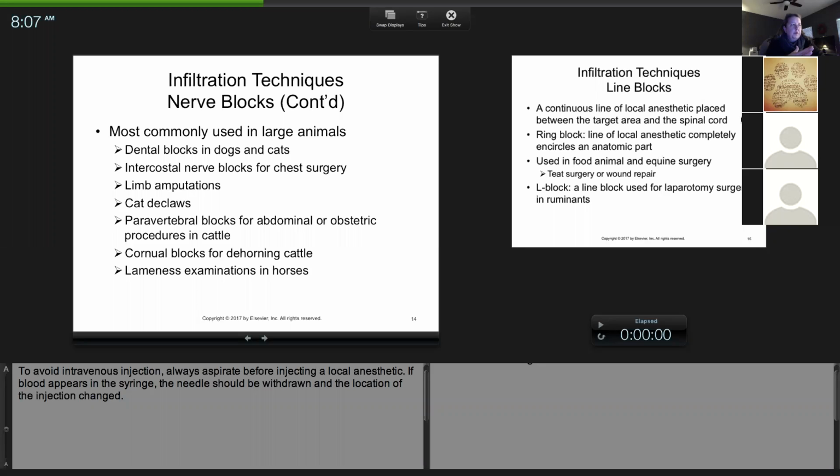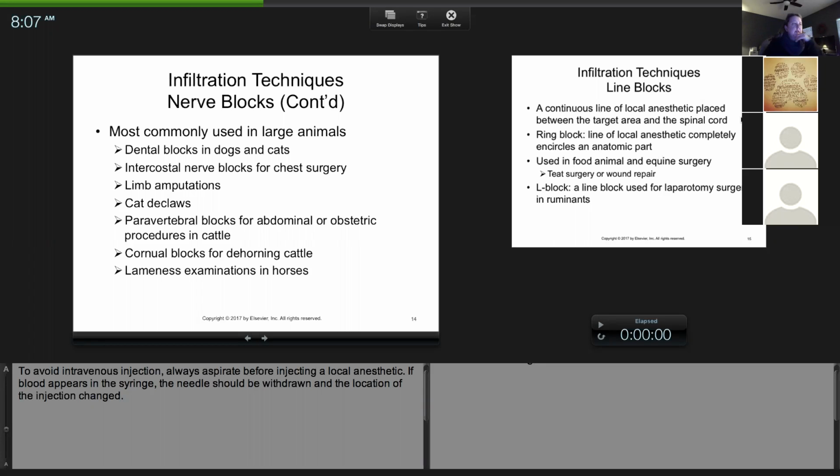And when you do a nerve block, you are trying to block a series of roots of nerves. Now, a nerve root controls a larger area. So usually these are at specific anatomical sites, because that's where a nerve root comes out.